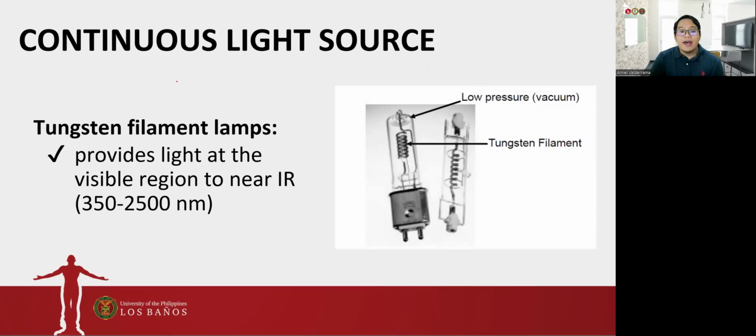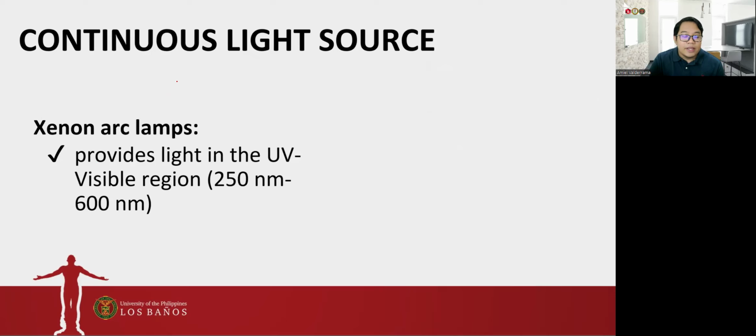We also have another type of continuous light source, which is the xenon arc lamp. The xenon arc lamp can provide light in both the UV and the visible region. So again, our D2 is for UV, our W is for visible, and the xenon arc lamp is for both UV and visible regions. However, the xenon arc lamp is more expensive.